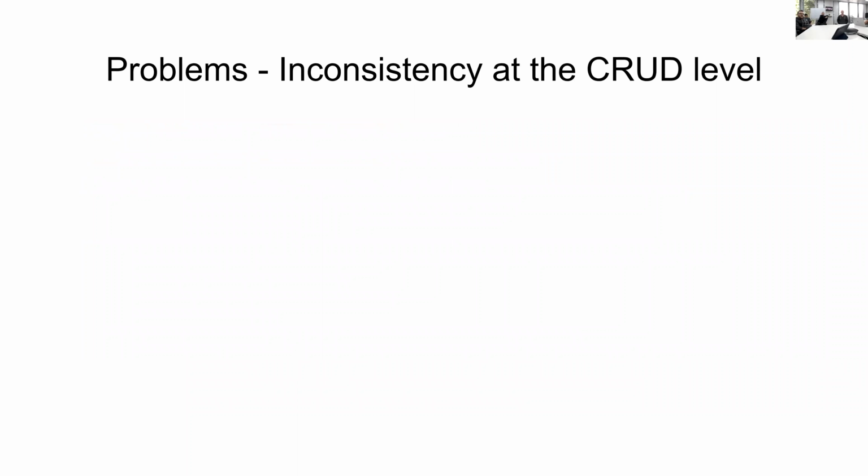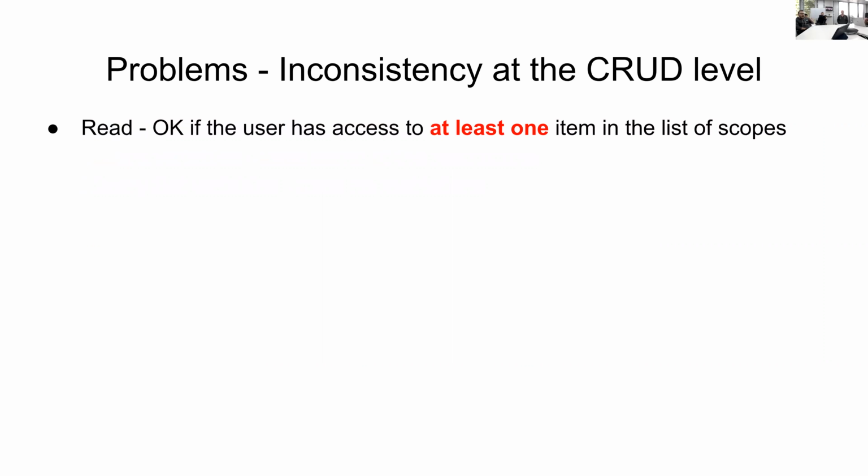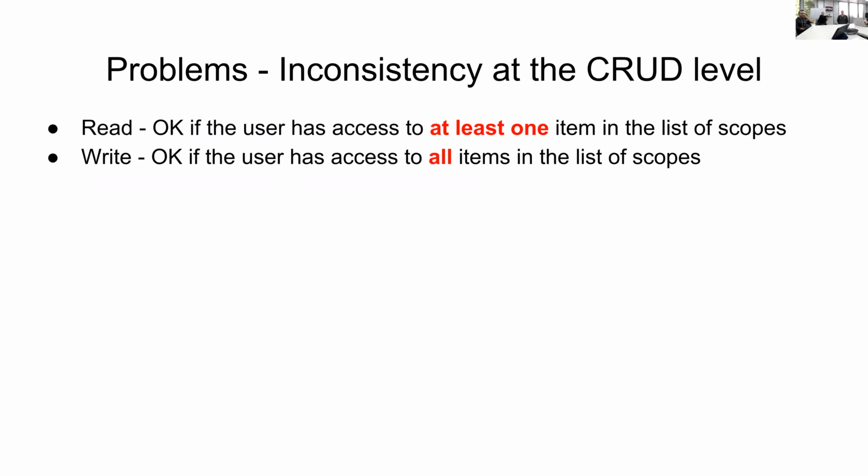Then we have inconsistencies at the create, update, delete level, at the level of a single document. It's not obvious to everybody that when we return a document that it's scoped to, let's say, certain environments. Let's use account as an example. We have an account that is scoped to a set of environments.